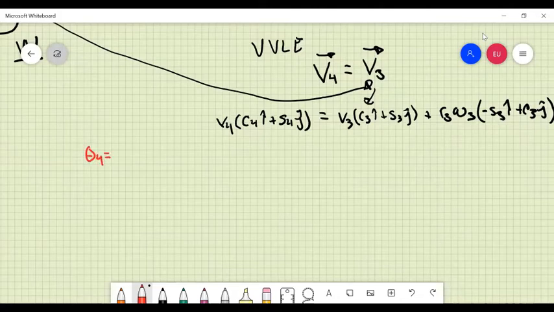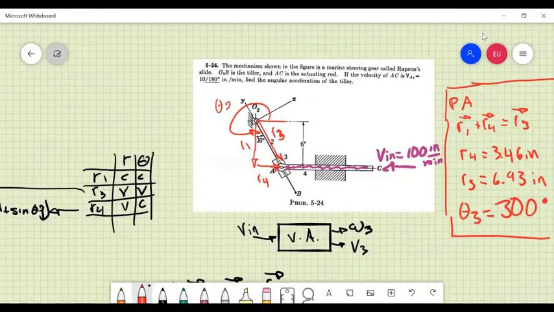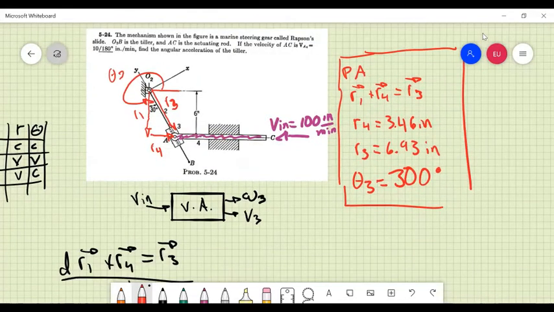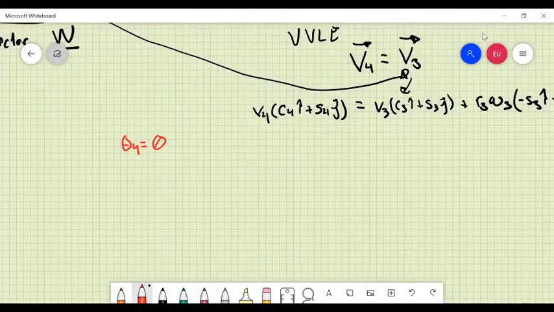Do I know it? Let's go back to the mechanism. Which is the value for theta 4? 0 degrees. And we did say that theta 3 was 300 degrees.